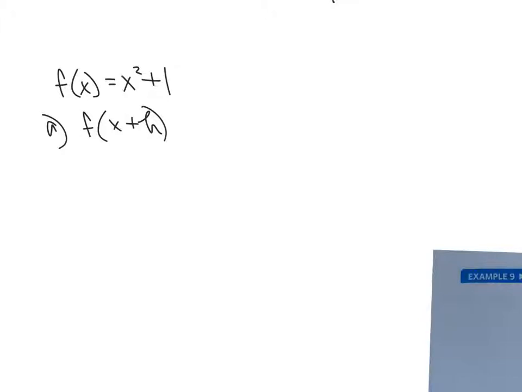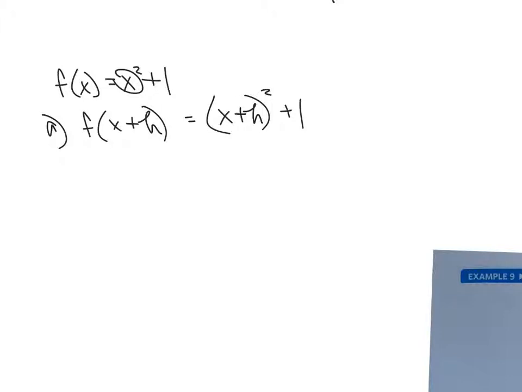What this means is whenever we see an x in this equation, we're going to put an x plus h in its place. So this is going to look like this. Instead of an x, we're going to put an x plus h. Not so hard.